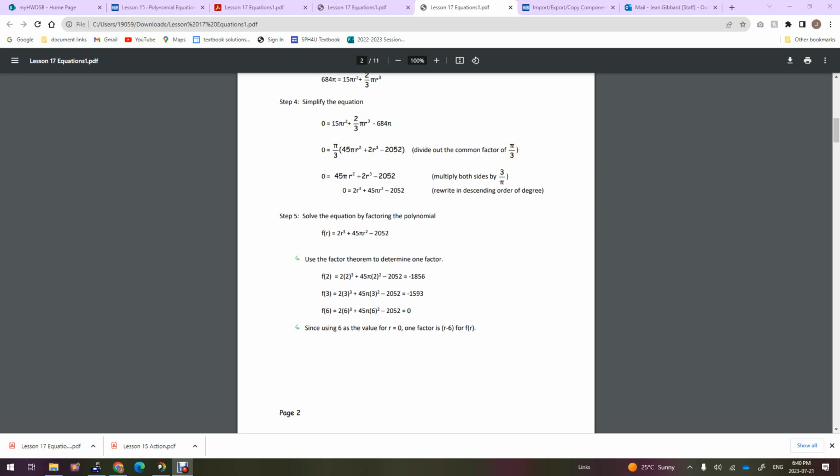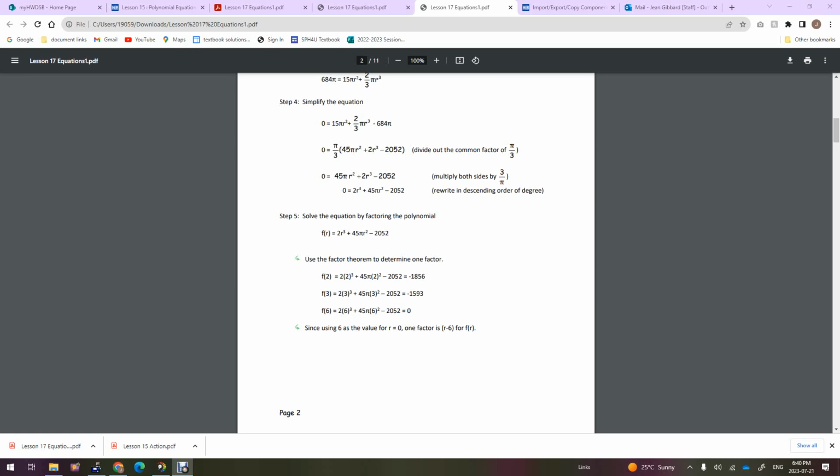All right, let's try 3. So then we look at substituting 3 in for r, doing the math calculations, and we get negative 1,593. Well, that doesn't work either. So let's try 6.